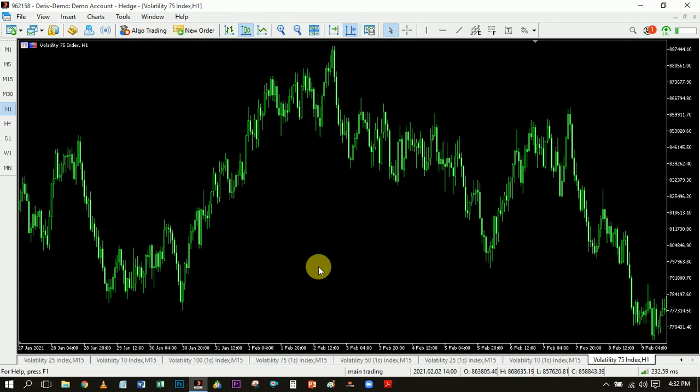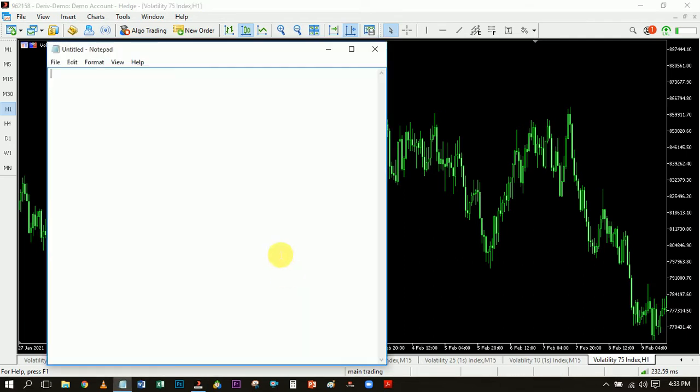There are only three patterns that the market forms. Number one, we have the upward movement, number two we have the downward movement, and number three we have sideways.